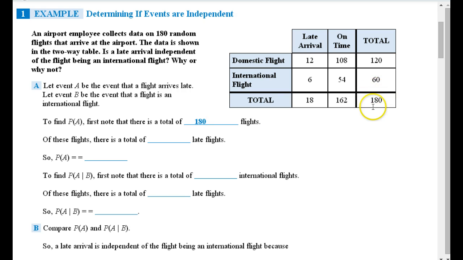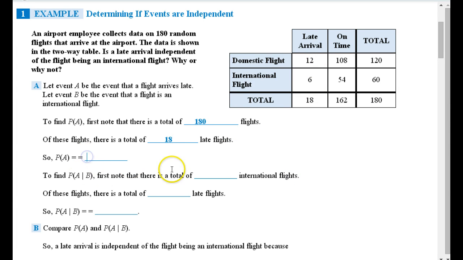There's a total of 180 flights, okay? And of the 180, 18 were late.